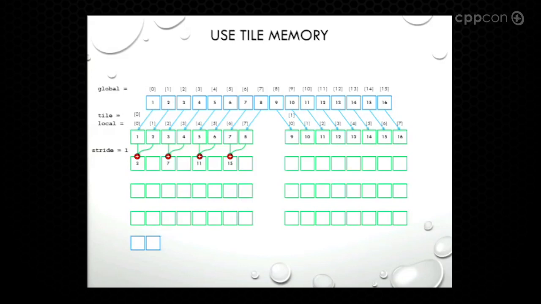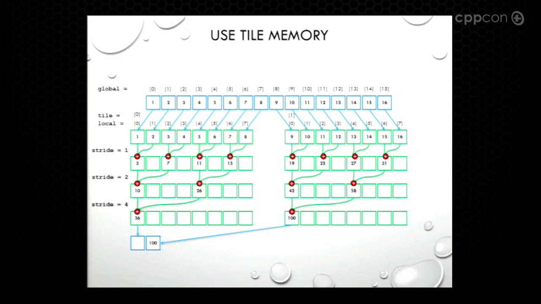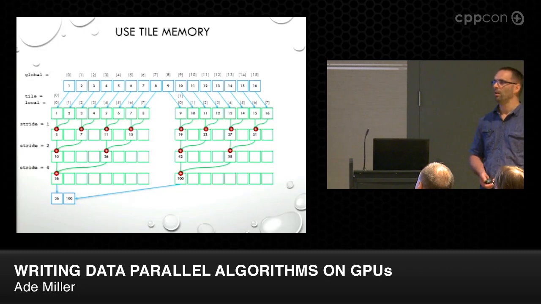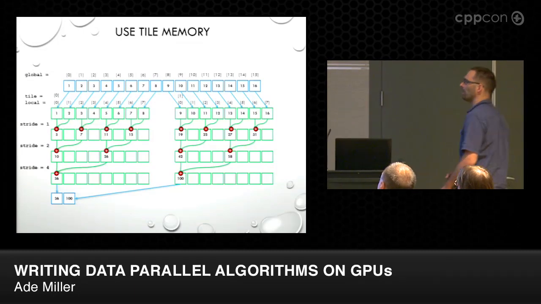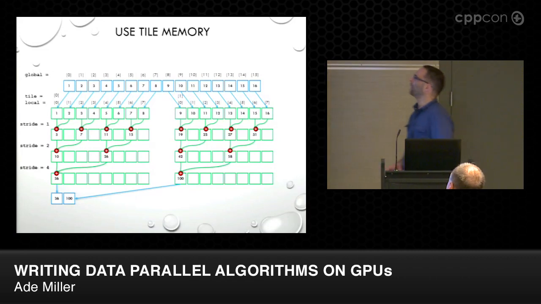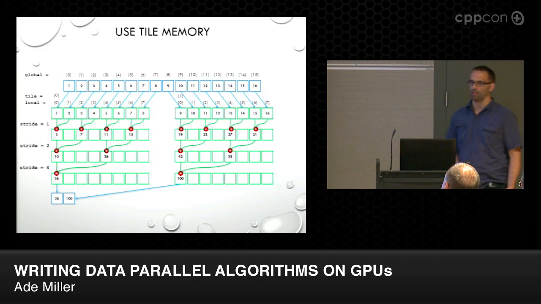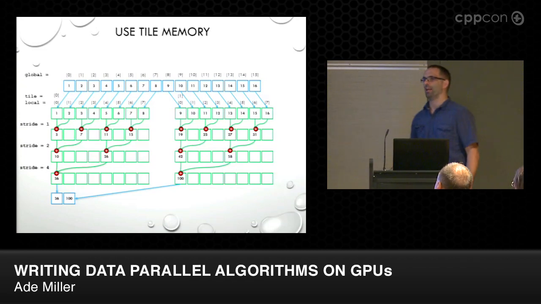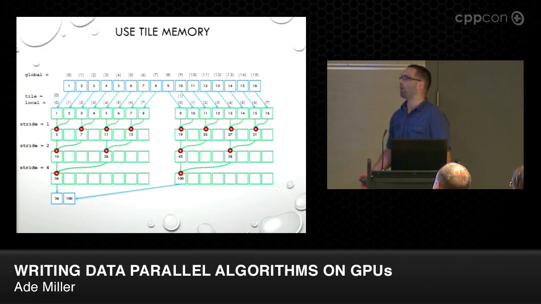I'm then going to do exactly what I did before. I'm just going to keep summing these things until I get my final results for each tile, which in this case, I'm going to copy off into global memory. Okay? So you'll notice here that I've solved the tiling problem, but other than that, I have not solved any other problems in terms of I've still got a lot of idle threads.